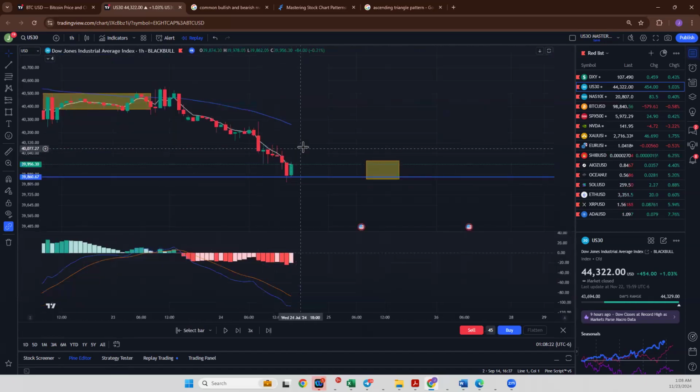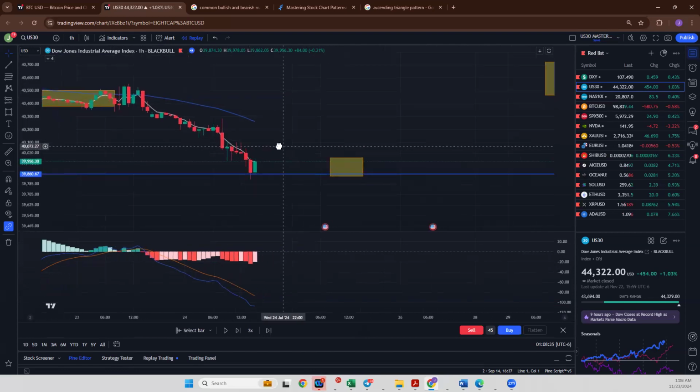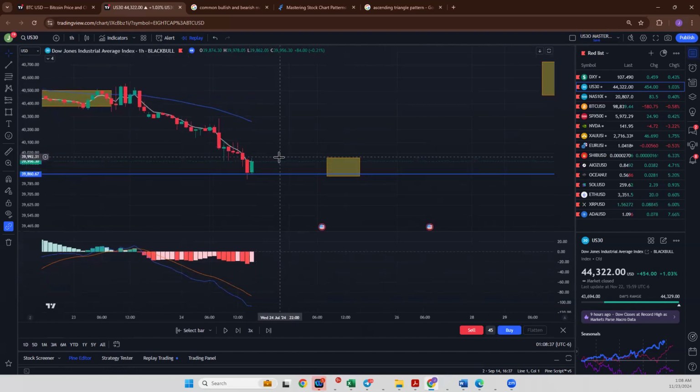I'm either looking for price to come up and potentially retest my 50-day EMA or crossover and confirm that we're either going to get a sell or a buy up to this area here. I'm looking for the consolidation to happen, and if that consolidation happens for long enough, it's going to start to look like a flag.